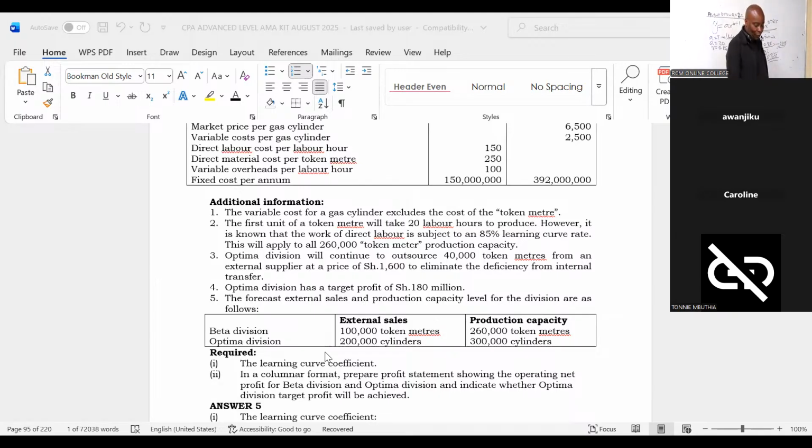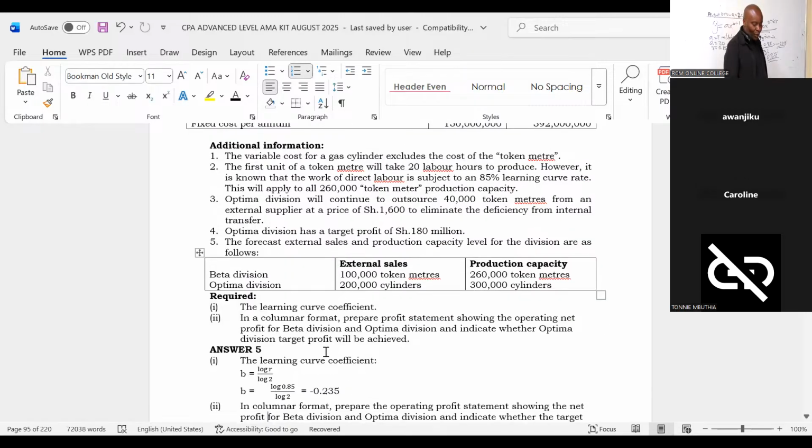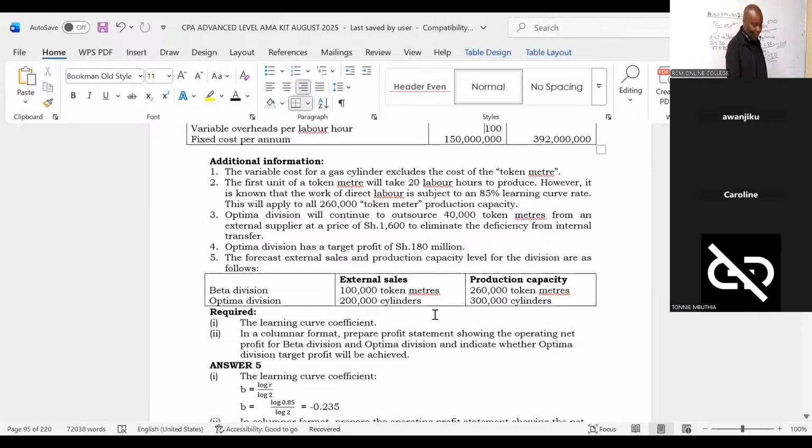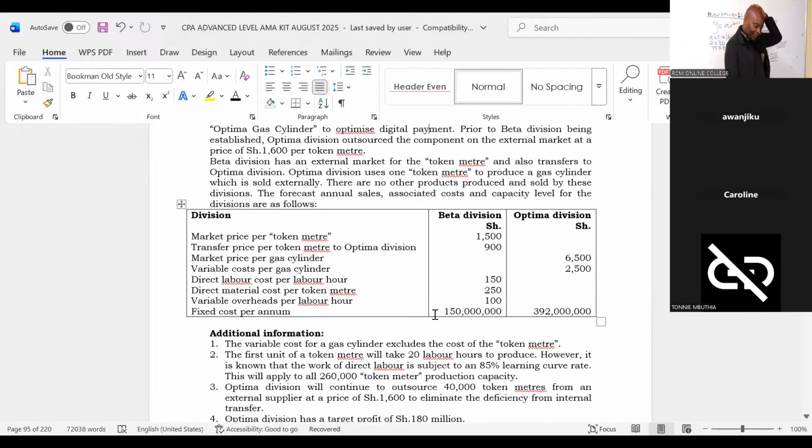In columnar format, prepare the profit statement showing the operating and net profit for Beta Division and Optima Division, and indicate whether Optima Division's targeted profit will be achieved. Very easy. But first, we must understand our diagram.